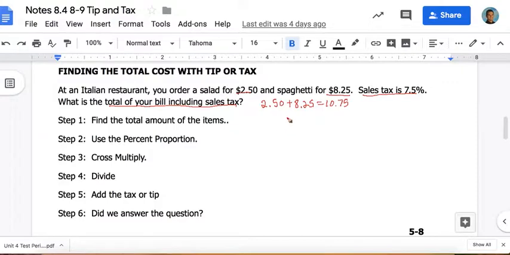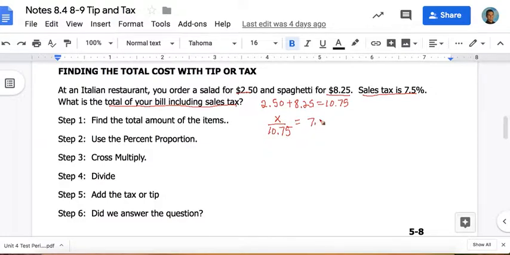Now we're going to use percent proportion because we now have our cost. And even though we have to find the total, we still have to find the tax first. We can't find the total without the tax. So we're going to look for the part, and we're going to put $10.75 on the bottom. So notice we're putting the cost on the bottom, and we're looking for the tax.